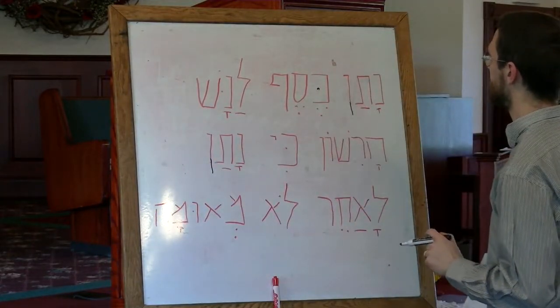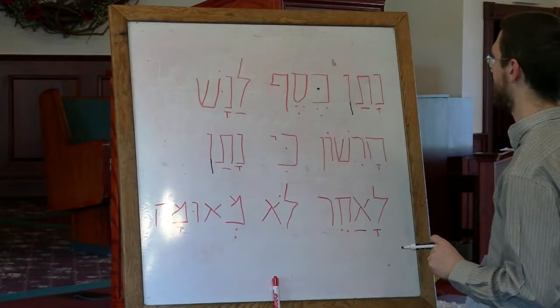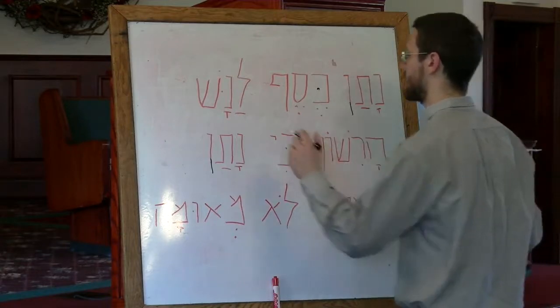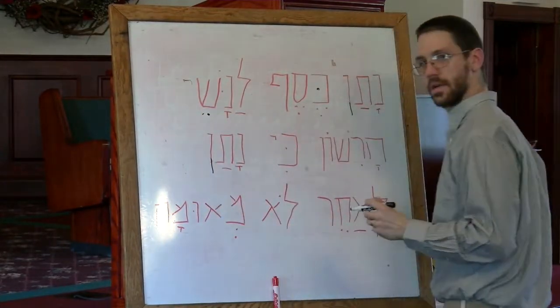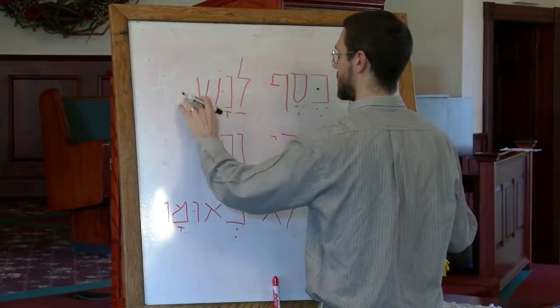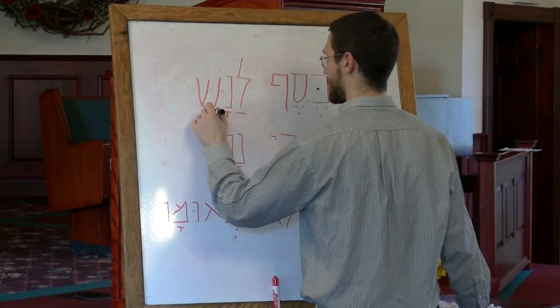So it would be... Remember, it's irregular, so it's not like nosh. Man is ish and woman is... Right? Well, that would be the construct plural. Ish, and then it's isha. So it doesn't even look like nosh at all.